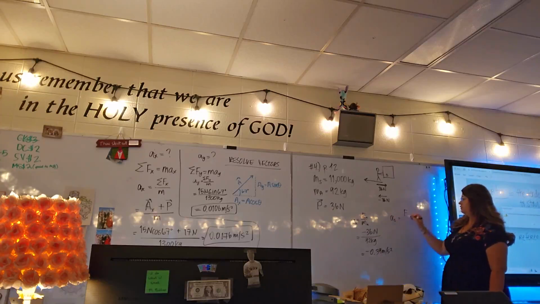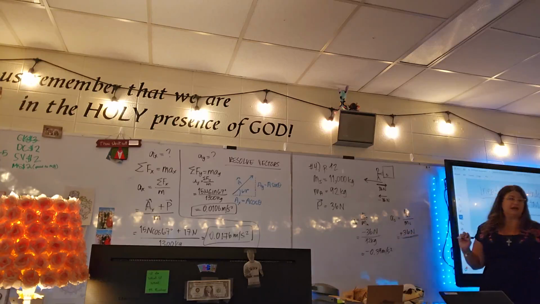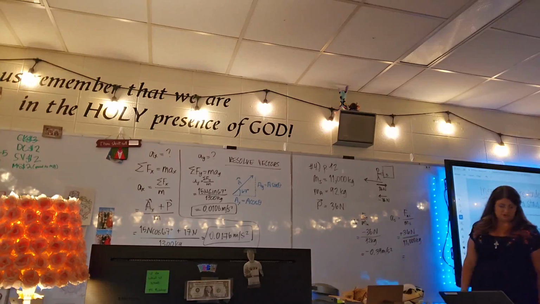For the spaceship though, I'm going to use the positive 36 because I want to figure out how the spacecraft will react to the astronaut's force applied to it. But that's going to be a significantly smaller number because your denominator is massive.